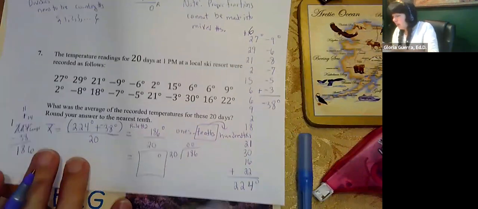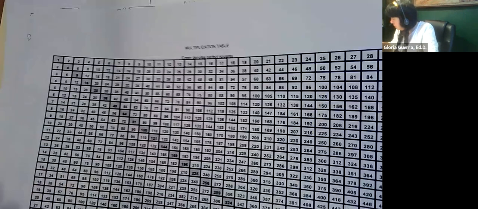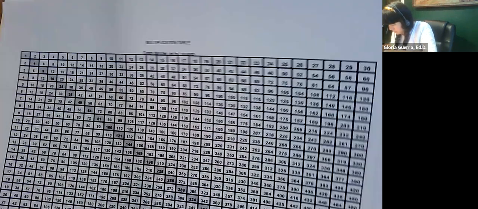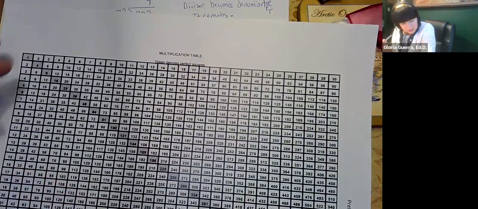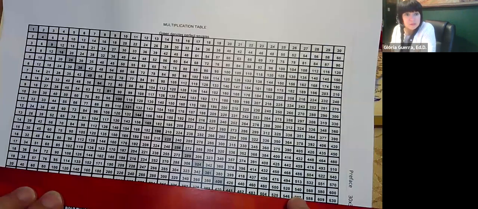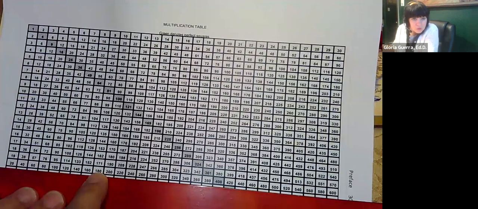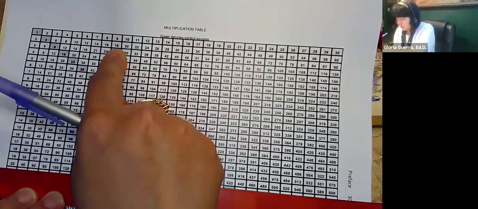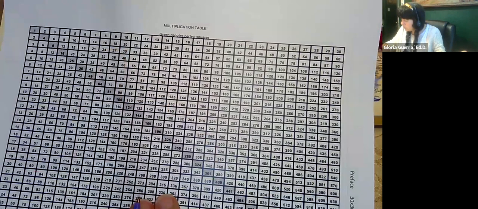I want to get as close as I can to 186. There it is, 180, because then that's 200, it's too big. So 180. So if I go up to the top, this times 9. Okay, times 9. So 20 times 9 is 180.